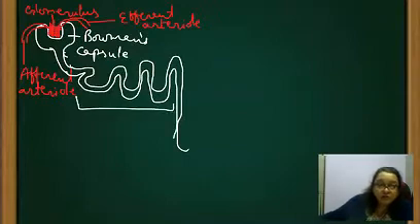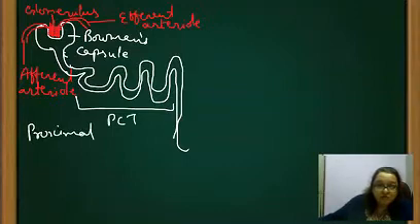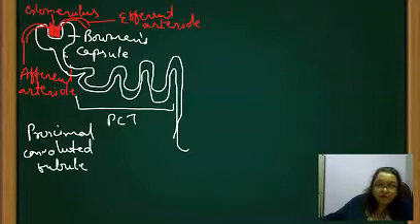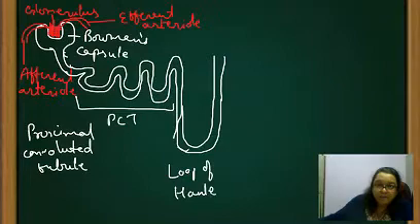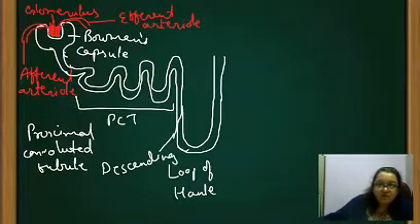So this part is known as PCT, proximal convoluted tubule, which again proceeds to form a U-shaped tubule known as loop of Henle, which has this descending arm, which comes down, and then an ascending arm, which goes up.